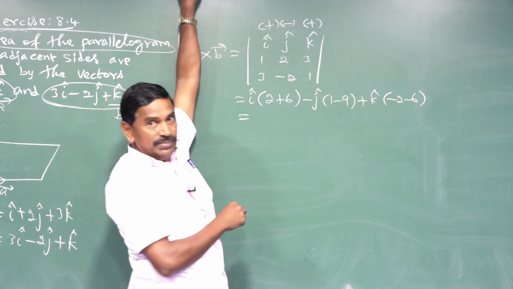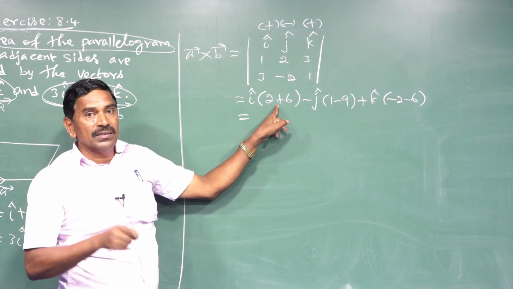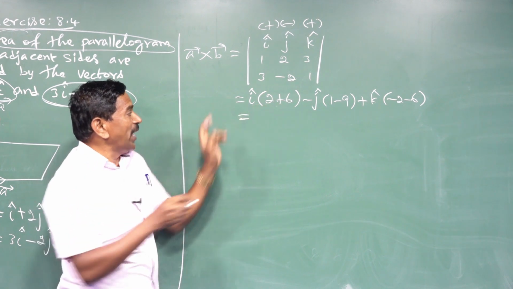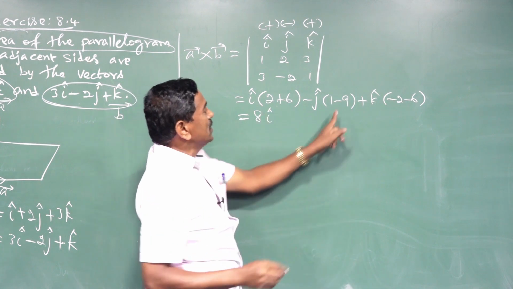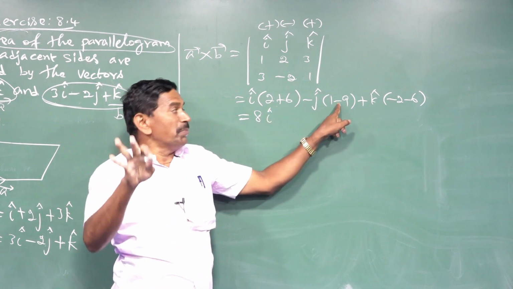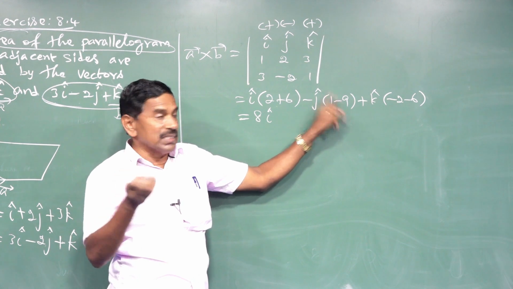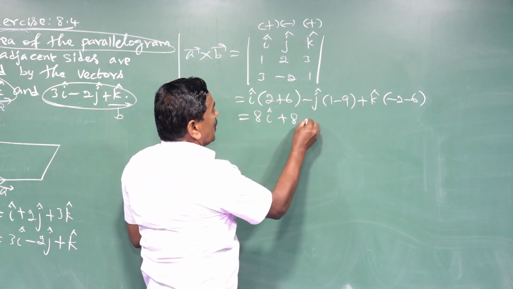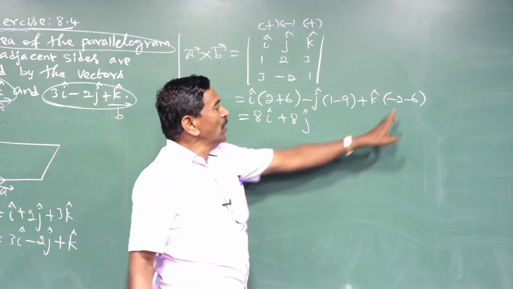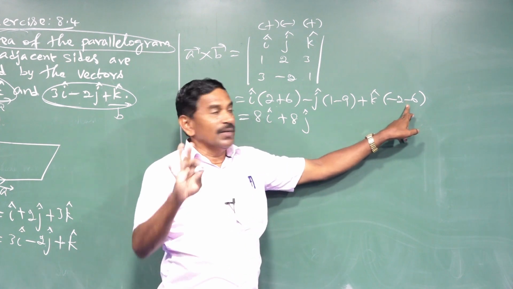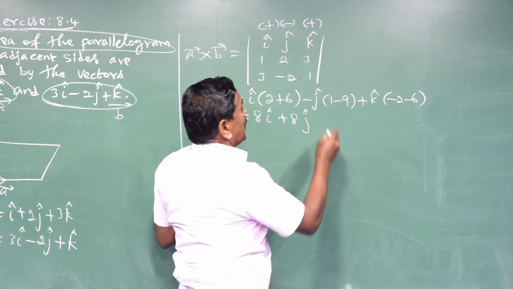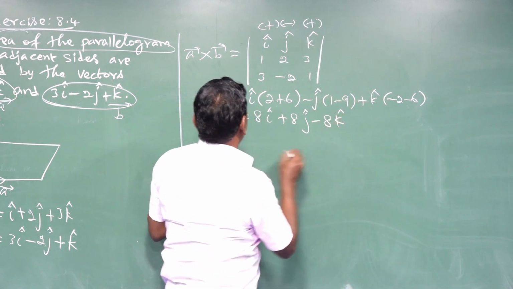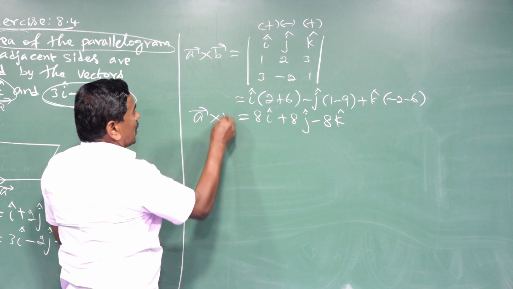Which is equal to, first bracket, 8, so 8 i cap. Second bracket, minus 8, minus into minus is plus, so plus 8j cap. Last bracket, minus 8, so minus 8k cap, which is A vector cross B vector.